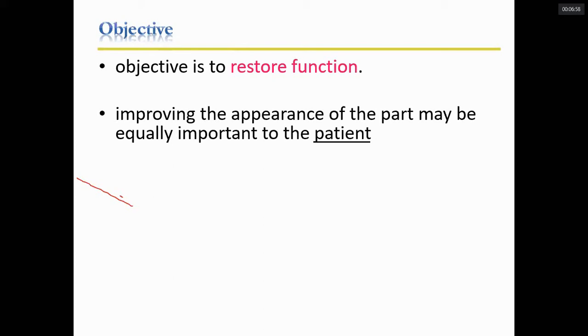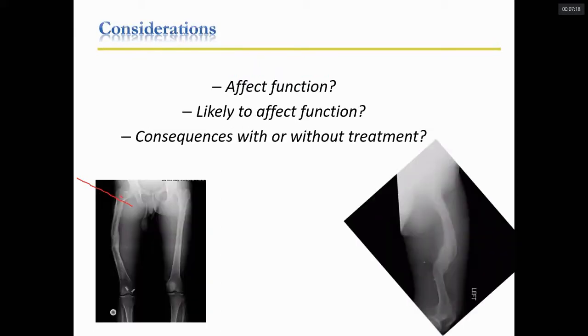This may be especially true in case of girls of marrying age, around 13-14 years, with a malunited supracondylar fracture. They usually come to get their upper limb deformity corrected.